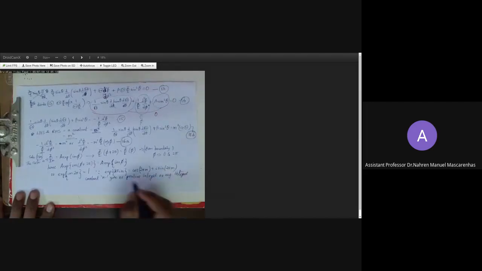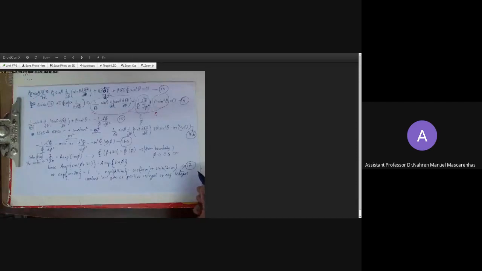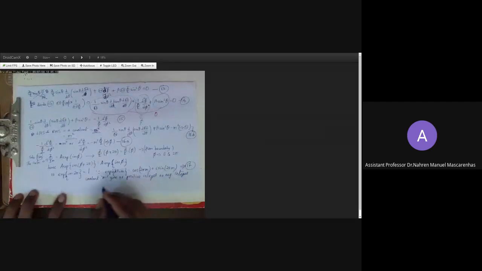Only then this condition is satisfied. Let's say this is equation 17. Equation 17 can only be satisfied if this is true. That means we can simplify and write m can be 0, plus minus 1, plus minus 2, plus minus 3 and so on.